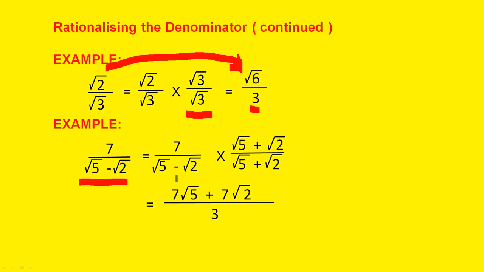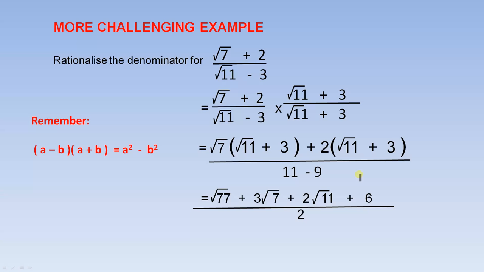The square root of 5 minus the square root of 2 times the square root of 5 plus the square root of 2 is the same as a minus b times a plus b, which is a squared minus b squared, which is really 5 minus 2, and that gives you 3.